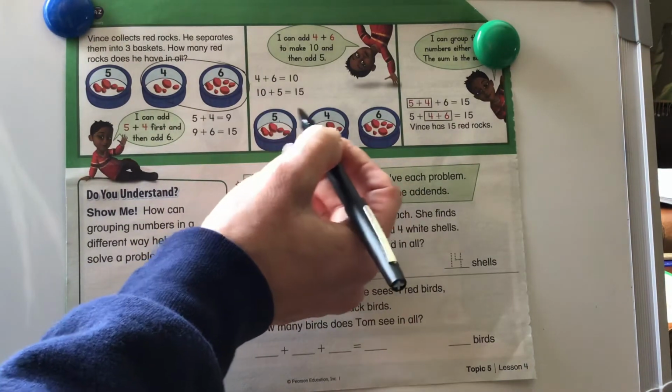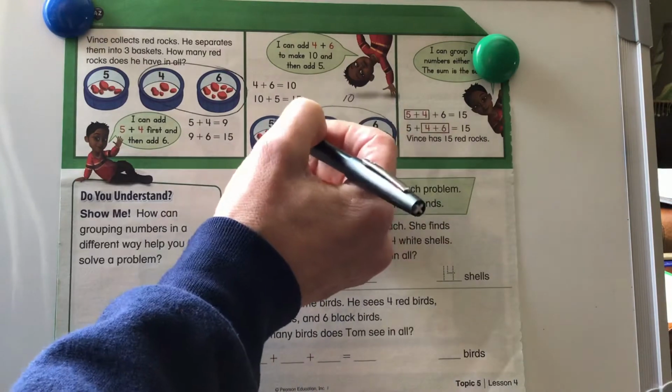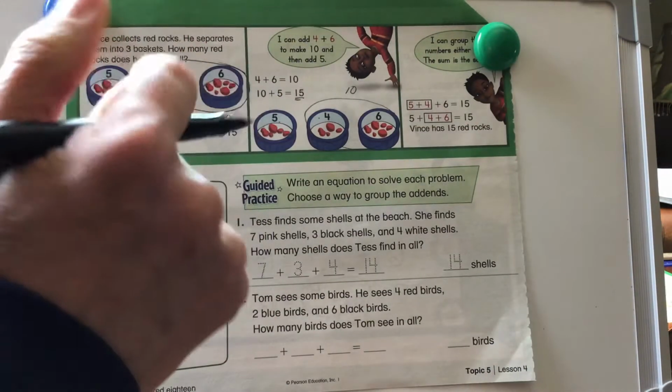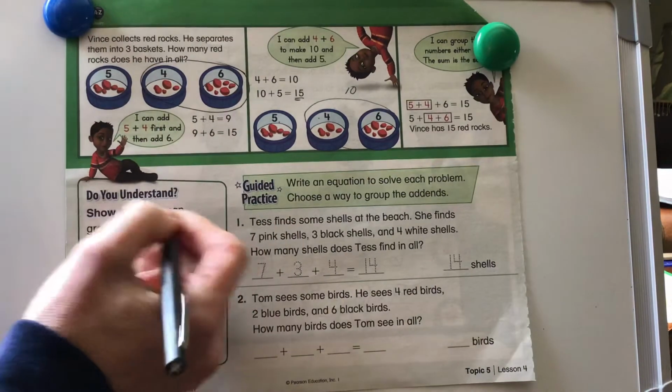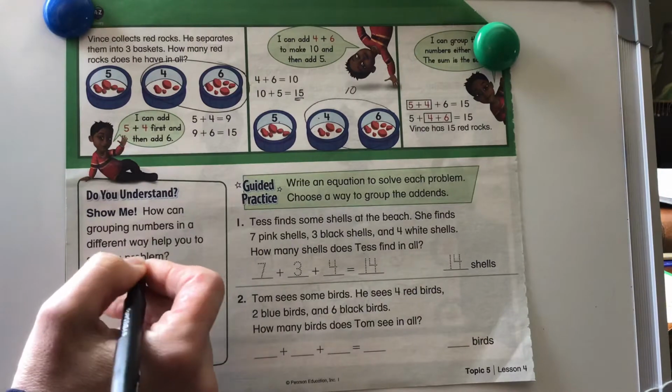So we have 5 plus 4 plus 6. We're going to make this into a group of 10. Well, 10 plus 5 is going to equal 15. So again, we're just trying to look for ways that we can make 10s. How can grouping numbers in a different way help you solve the problem? So let's see.